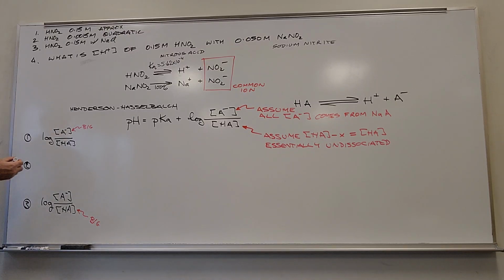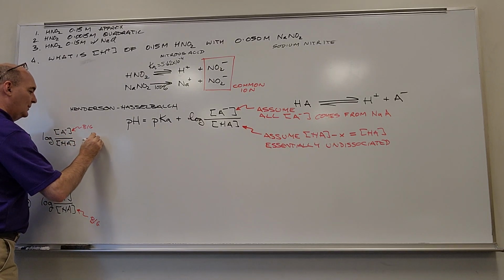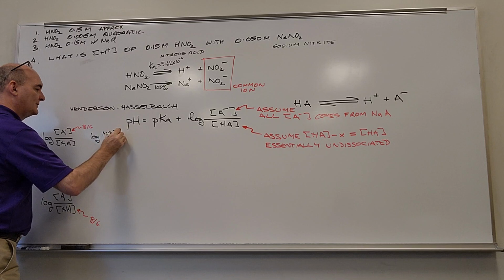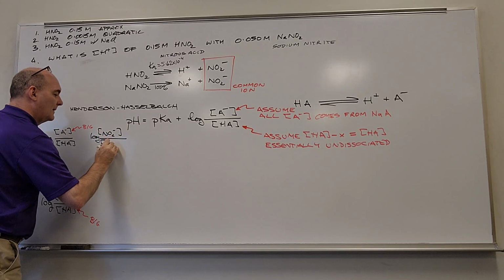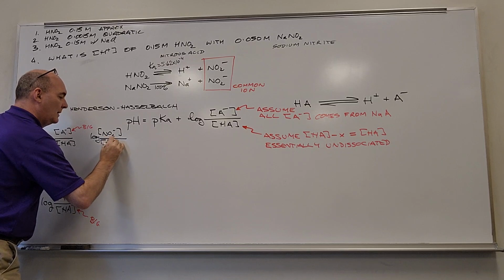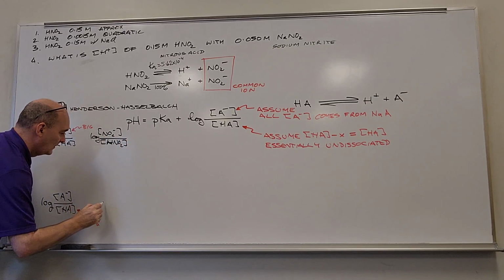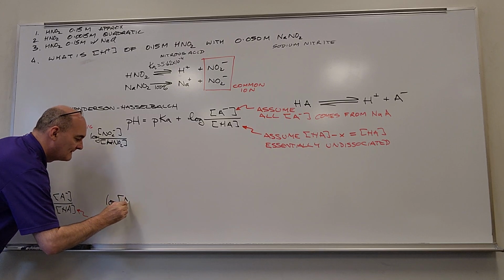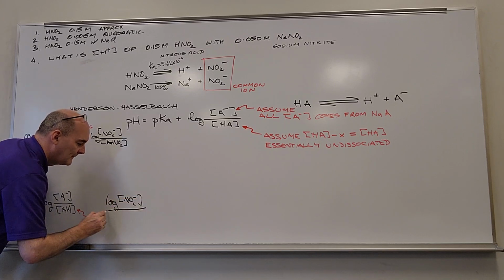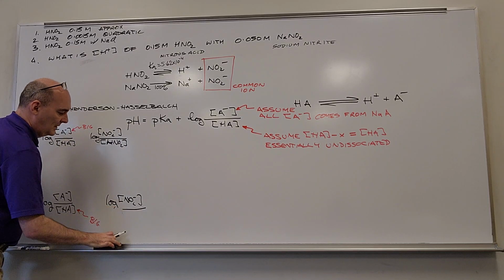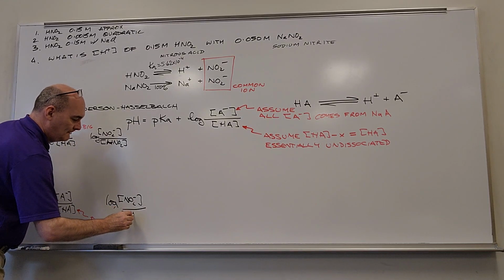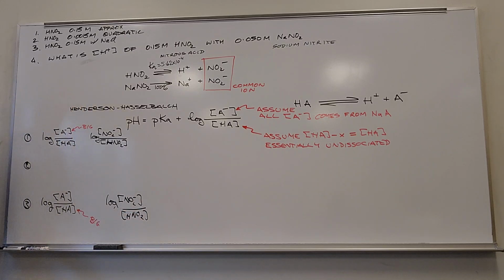For us, specifically in this question, it would be the log of nitrite concentration divided by the undissociated free acid, nitrous acid. Okay, in our question, is that number bigger than that number? Or is this number bigger than that number? Are we a 1 or a 3? 3.